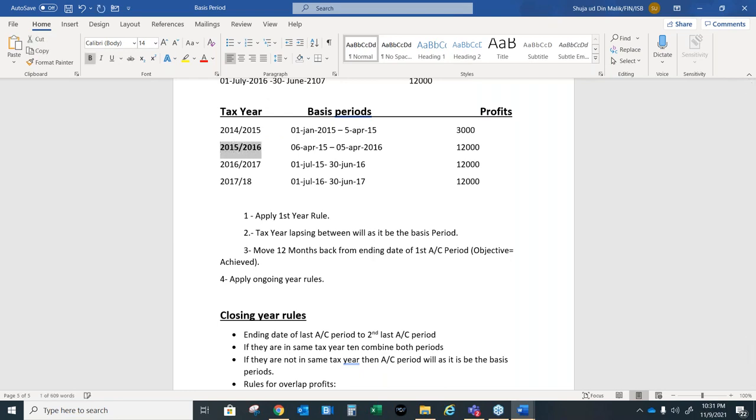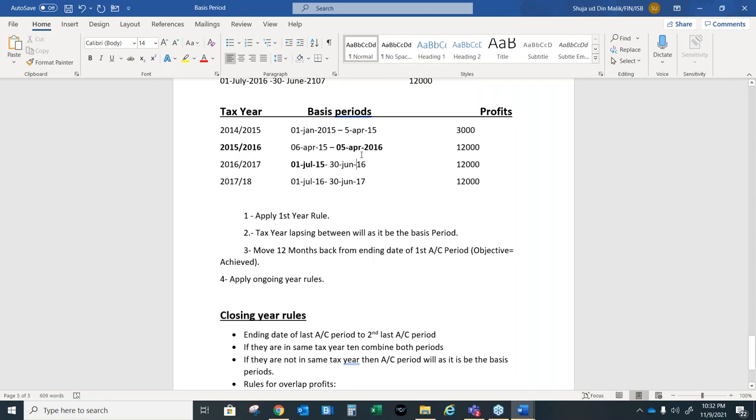Now see that this is 1st July. I am highlighting it for you. I'm bolding it. And this is 5th April 16. So this is the period, 1st July 15 till 5th April 16. That will be the overlap area.